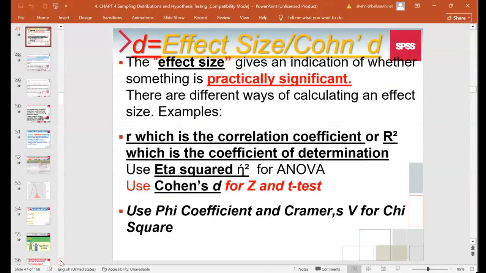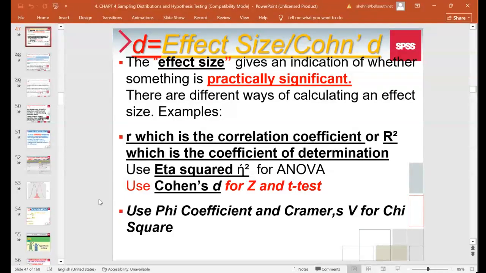And then again, as you can see, for ANOVA, we use eta squared. For R, which is a correlation coefficient, or R squared, which is coefficient of determination. We use phi coefficient for Cramer's V, chi-square.